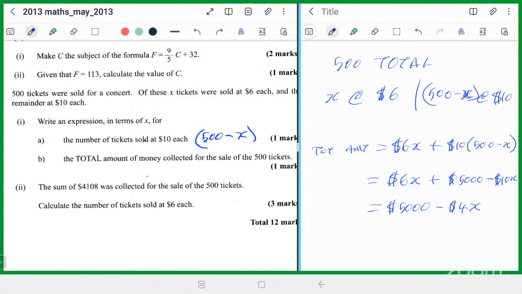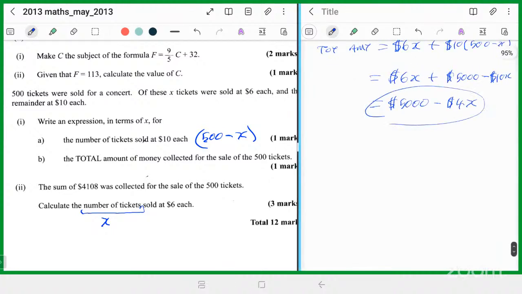We want to calculate the number of tickets per X. All we have to do is equate this amount to the total collected. So it's 5,000 minus 4X equals 4,108.